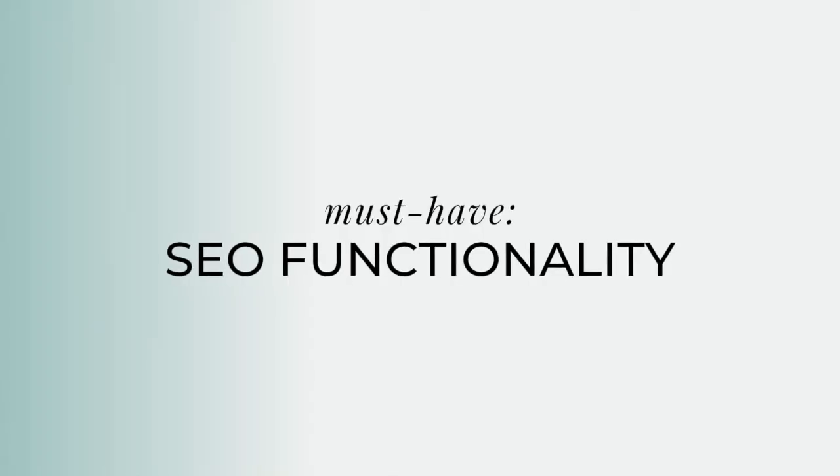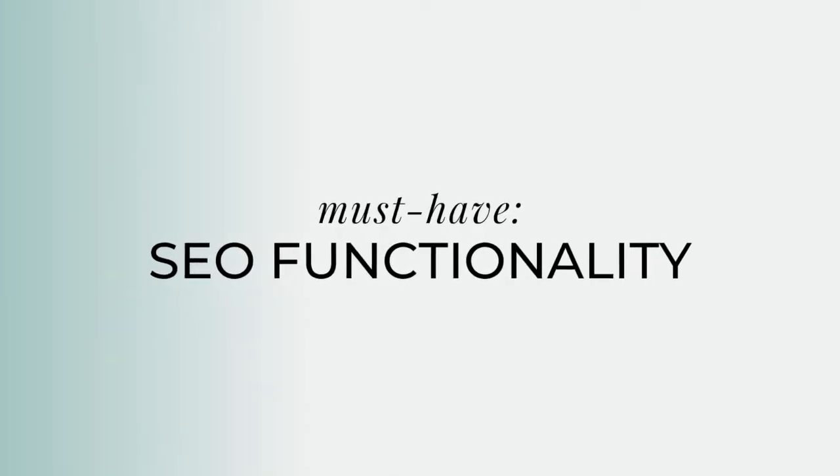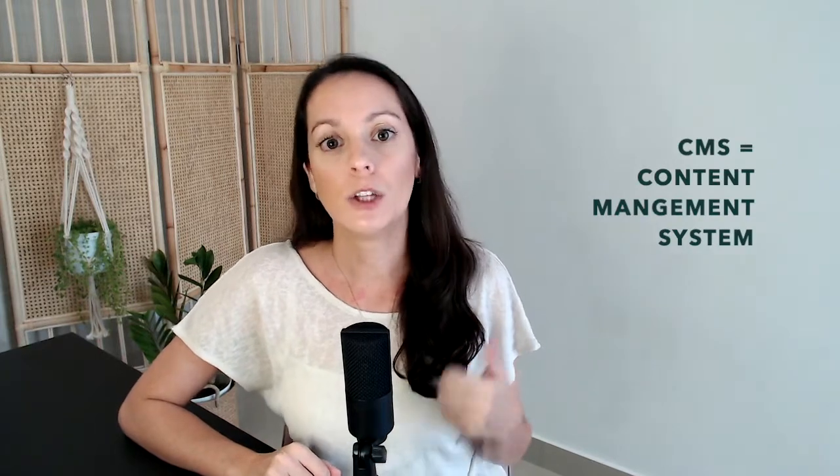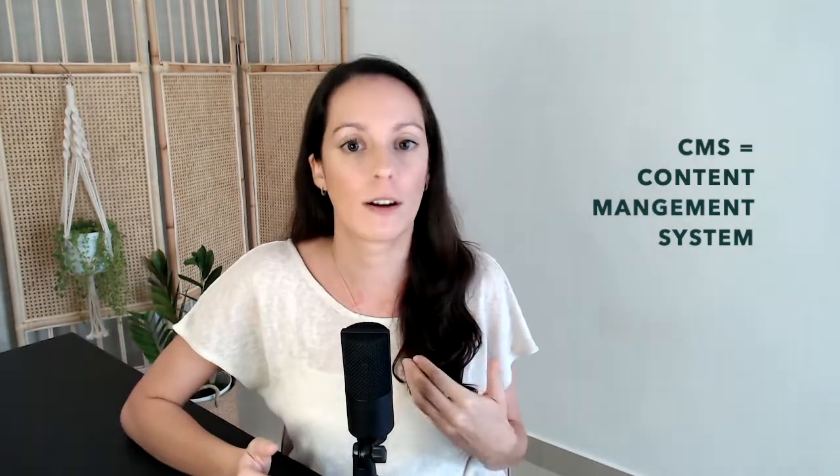Finally, the last kind of techie thing that you need to have on your hotel website is SEO functionality. To be clear, there's no app or plugin that does SEO for you, but when you're editing your website in a CMS, a content management system, you do want to have control over a few key things behind the scenes, and that's what I mean by SEO functionality.